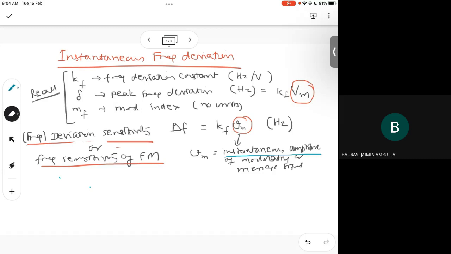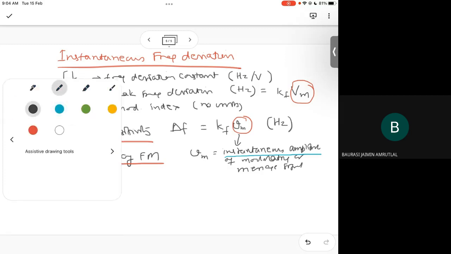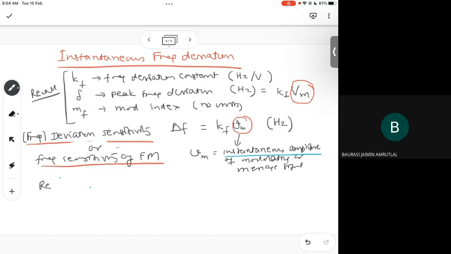So another thing I wanted to put in one place, recalling what we have learned so far: delta is equal to Kf into Vm, capital Vm.